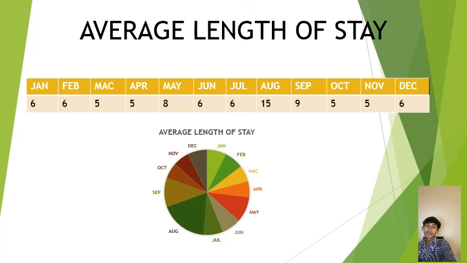So for September the average length of stay is 9 days, October is 5 days, and November 5 days, and December is 6 days. I think that's all from me. Thank you.